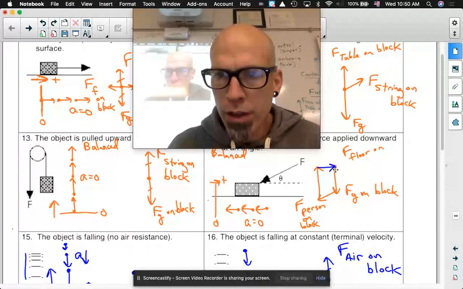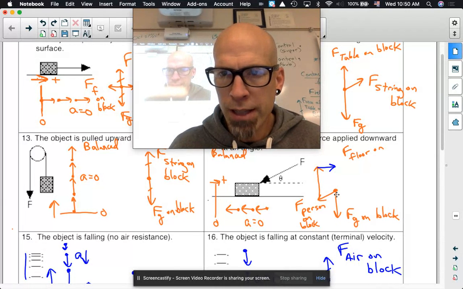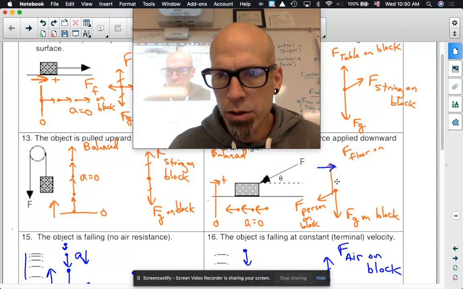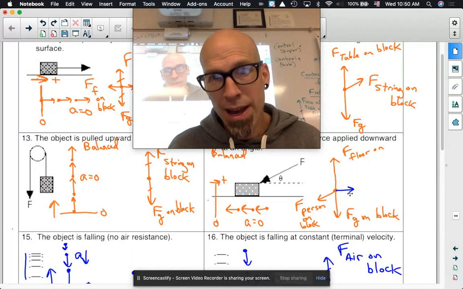Moving all these vectors around, that's great and all. And it's handy to be able to move things around tip to tail so that we can see how they would add. But mathematically, that doesn't really help.